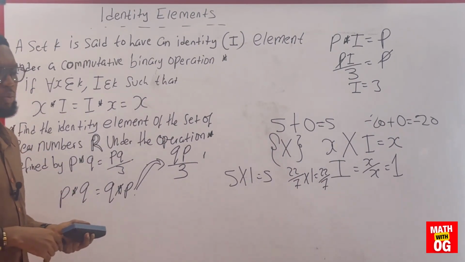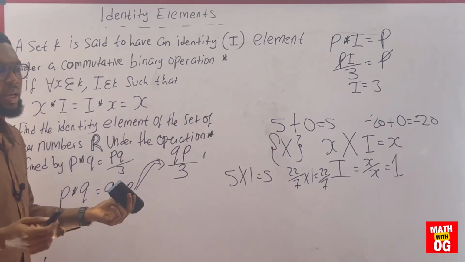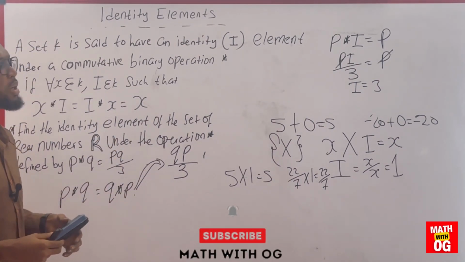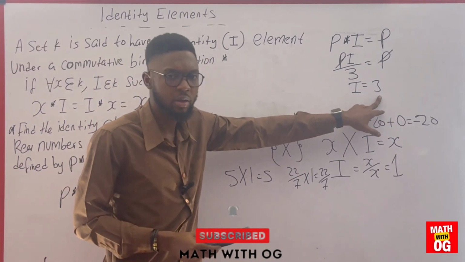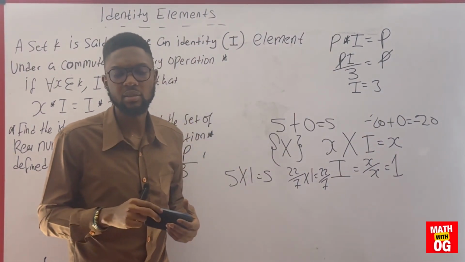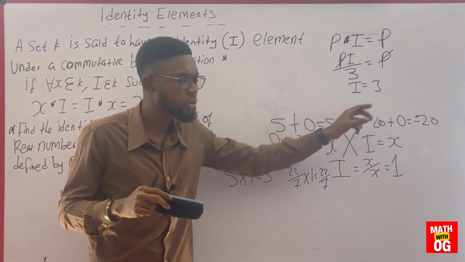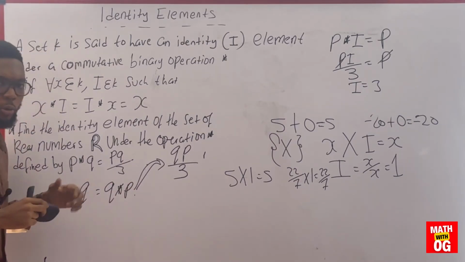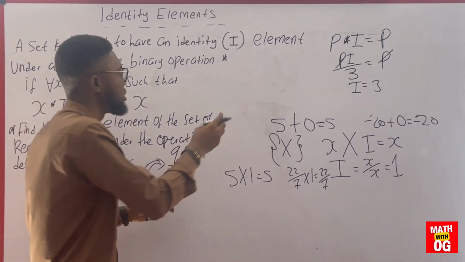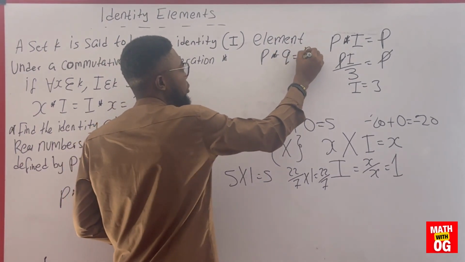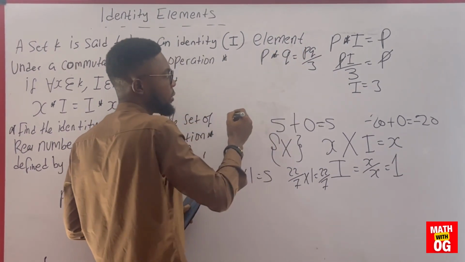Now, how do we prove that what we are saying is correct? Pick out any element and operate it on 3. It should give you that same element, because the identity element is 3. If I pick out 30, operate on 3, it should give me 30. If I pick out 7, operate on 3, it should give me 7, as long as I'm dealing with this operation. So let's bring out the operation again. P operation Q is equal to PQ over 3.